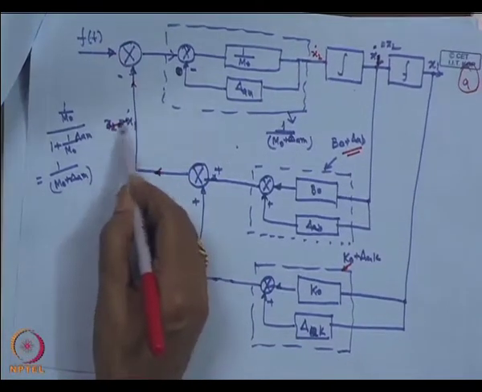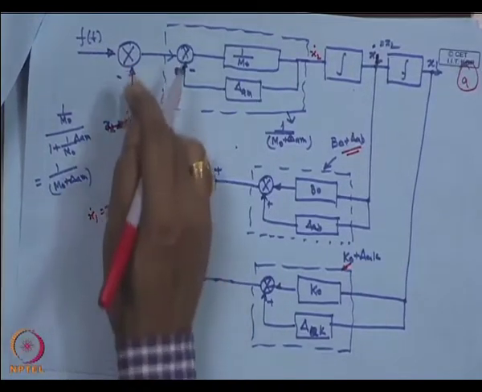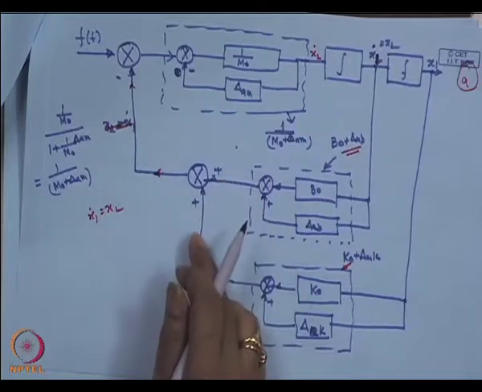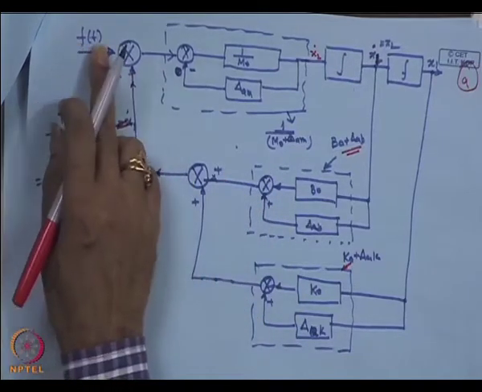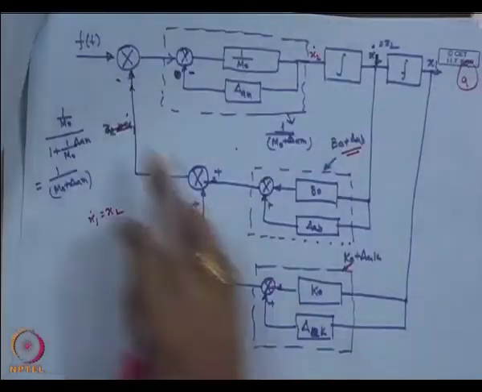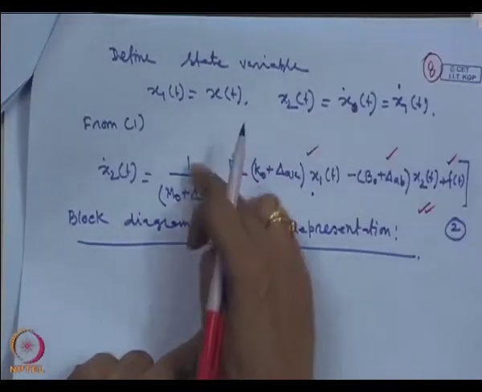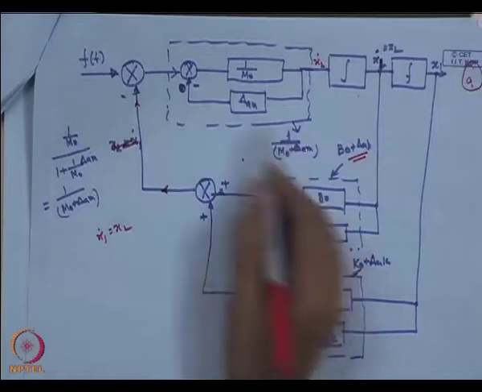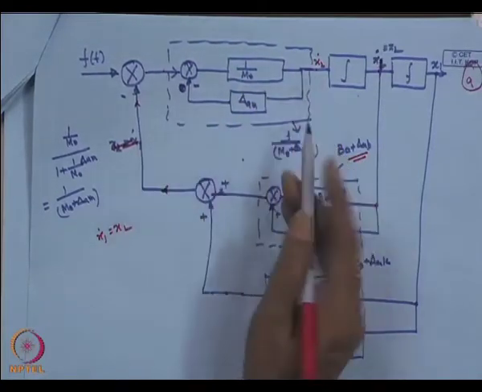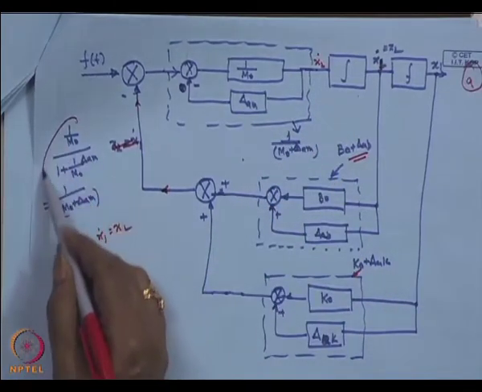I have told you that x 1 dot is equal to x 2, so do not consider that as x 2 dot. This signal is this signal plus this signal, plus f of t, and that whole thing is divided by m 0 plus delta m, so 1 by m 0 plus delta m is this block. From here to here the transfer function is 1 by m 0 plus delta m, which I have shown here.